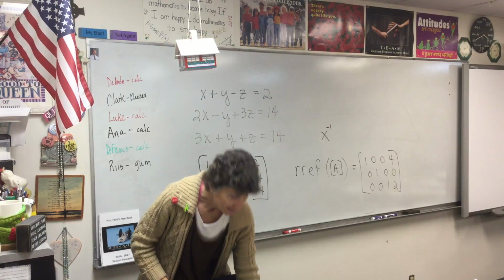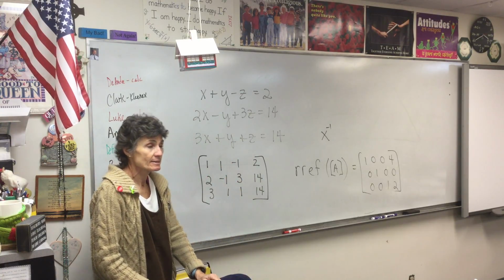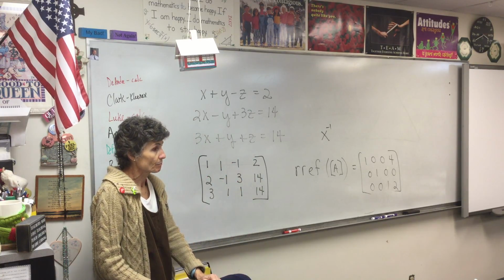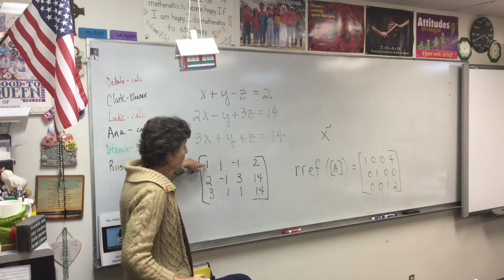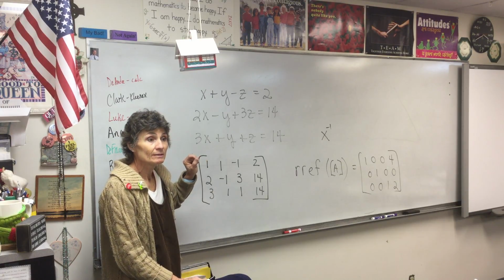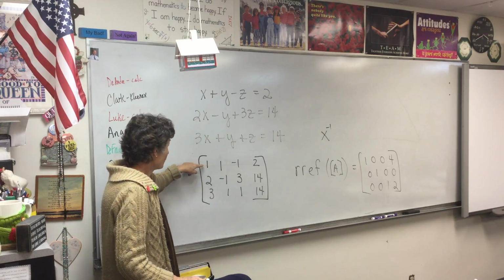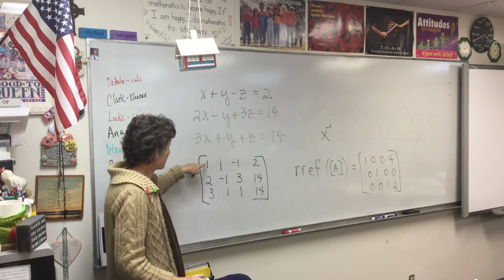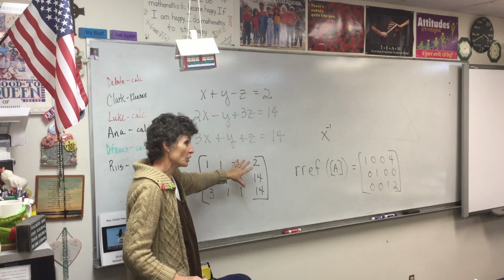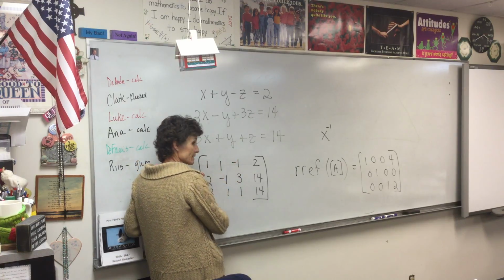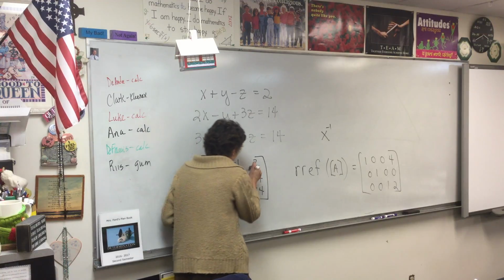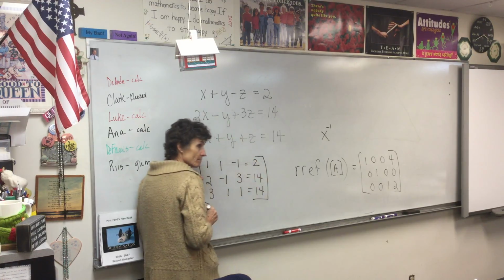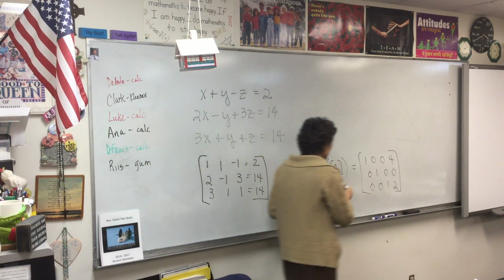Now, what in the heck does that represent? I want you to think about that for a minute. Remember, when you put in the original information, weren't these the X numbers? And these were the Y's, and these were the Z's, and then these were the equals numbers? So what do we have now?